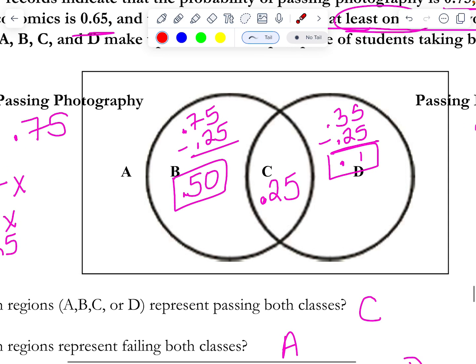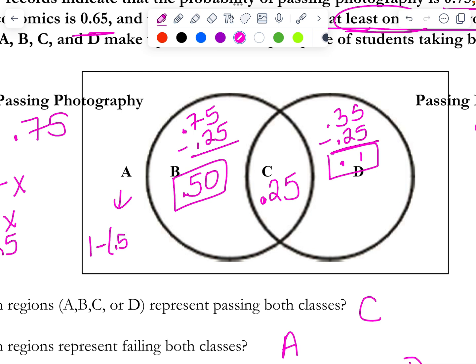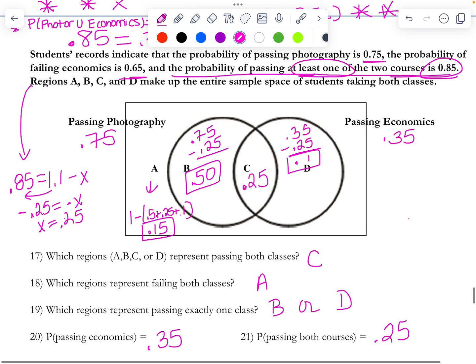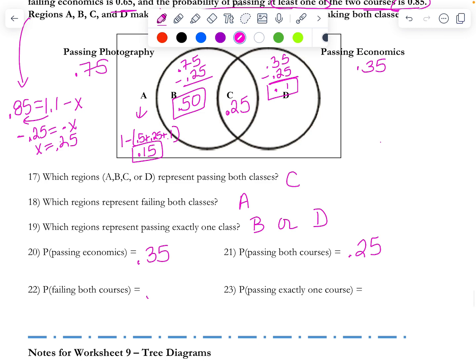Yeah, in order to fail both classes, this is 1 minus everything that's in my circles. So 0.5 plus 0.25 plus 0.1, and that would be 0.15. So 0.15 would be failing both classes.